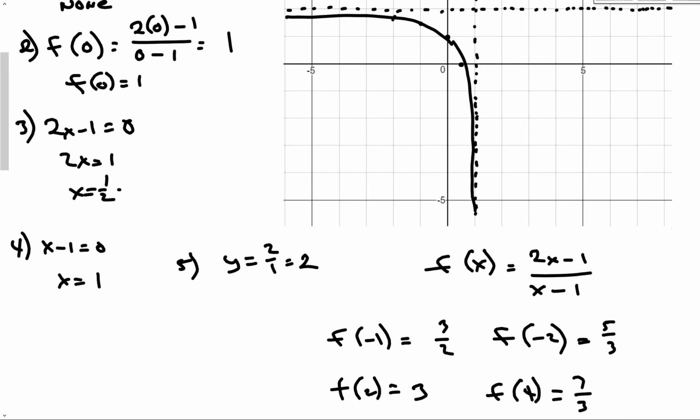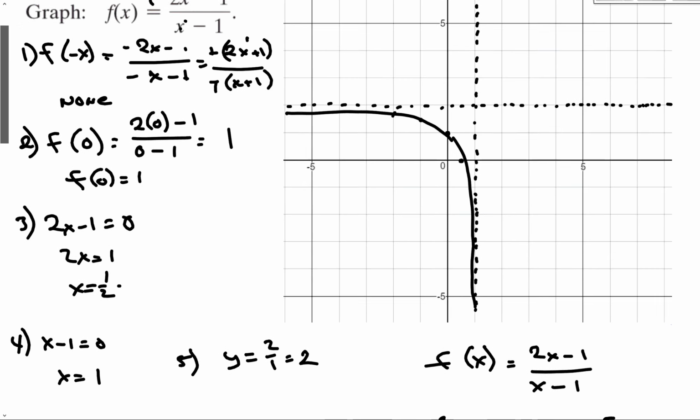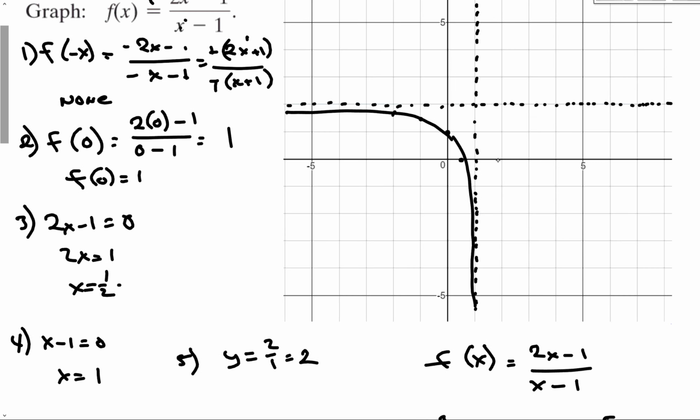And you're going to get a lot of fractions when we graph these things. So f of 2 gave me 3. And f of 4 gave me 7 over 3, which is 2.3.